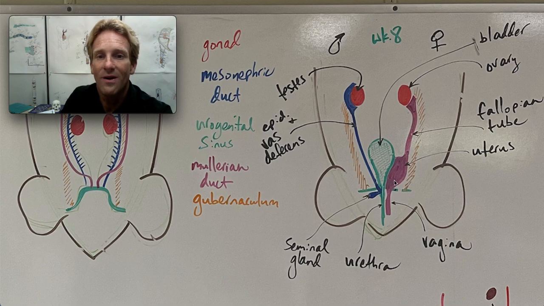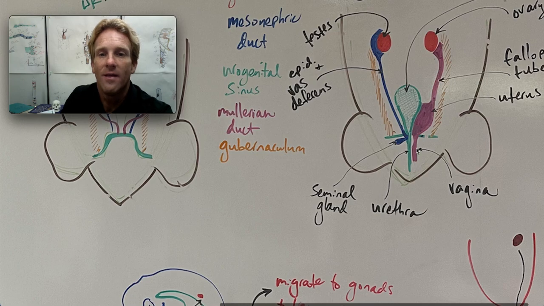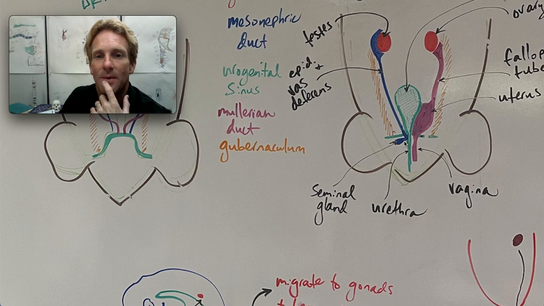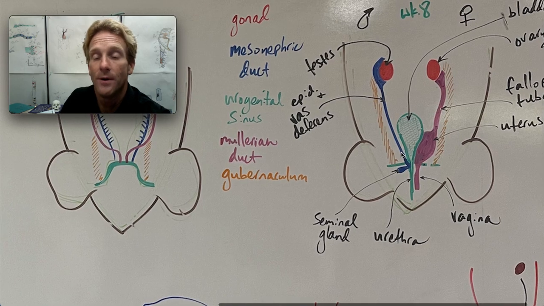And then what's going to happen is that further caudally, the caudal end of this mesonephric duct is going to become the seminal gland, which will later become the seminal vesicle in the adult male. Okay.